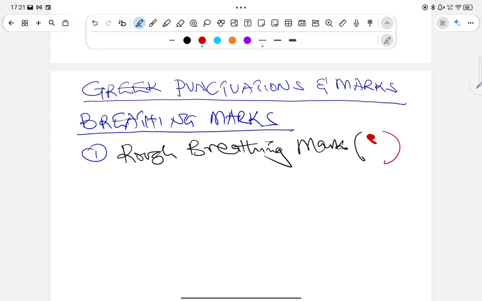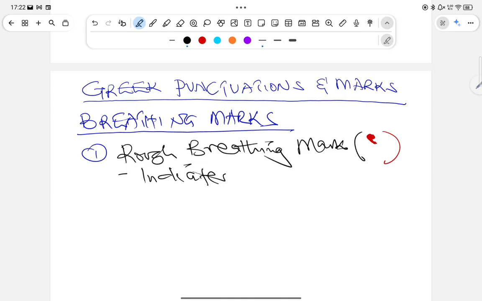Now, the rough breathing mark is used, number one, to indicate something about the letter. When it's used, it's put on top of a letter, and we're going to explain that in a little bit.